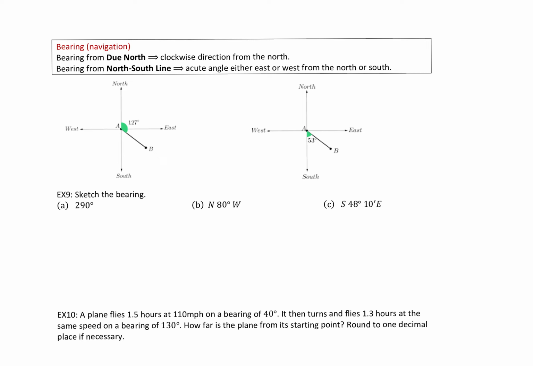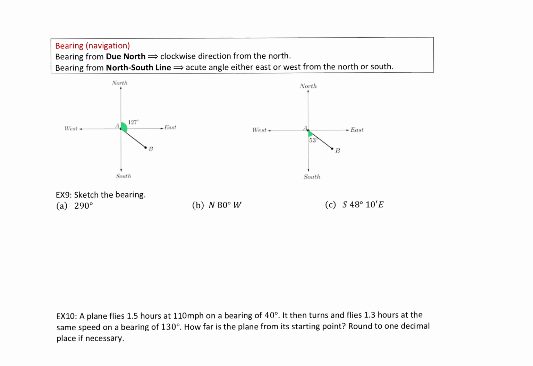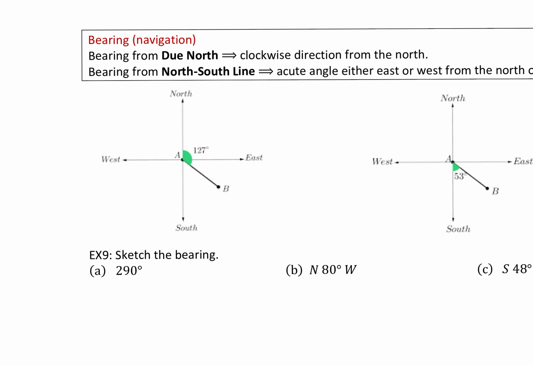Okay, so there's 2 types. One would be if you're just looking at the north line. Now, if we look down at this first diagram here, our cross where we have north, south, east, and west, if we were just using north to guide us, we would be looking at the north line and we're going to move clockwise. So this is not the usual angle in standard position where you're going counterclockwise.